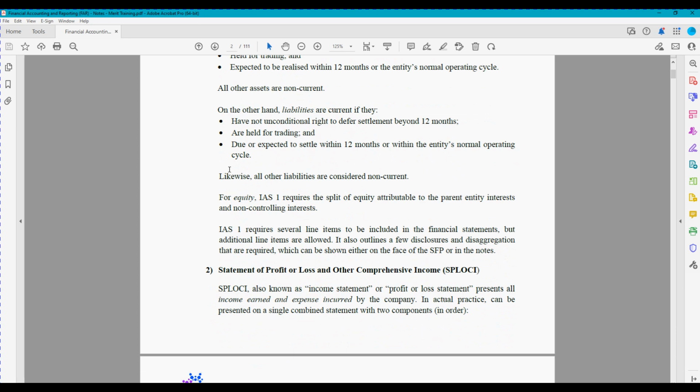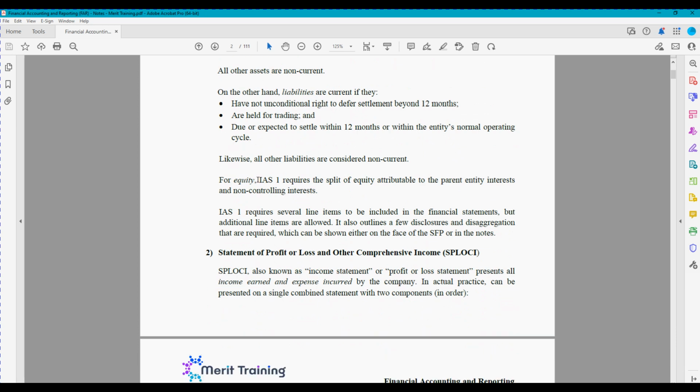Liabilities are a little bit different in terms of the definition of current versus non-current. For current, it's either A, they do not have an unconditional right to defer settlement beyond 12 months, B, they are held for trading, or C, expected to settle within 12 months or within an entity's normal operating cycle. So it's similar to the asset side, but it's just the inverse for liabilities.